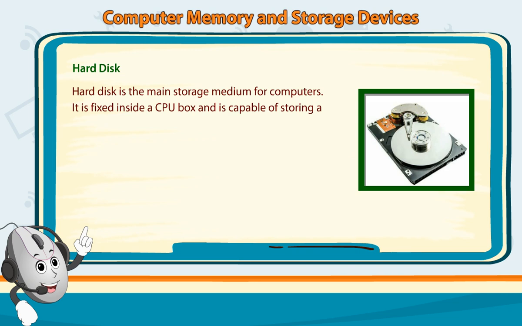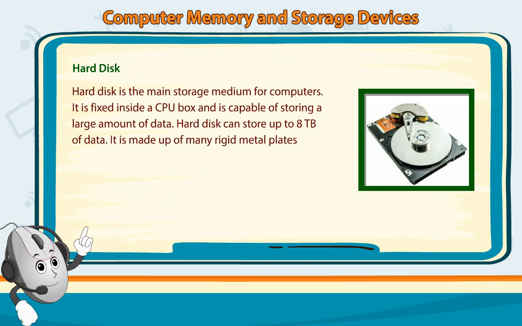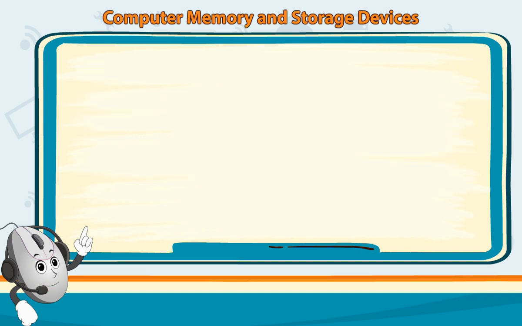It is fixed inside a CPU box and is capable of storing a large amount of data. A hard disk can store up to 8 TB of data. It is made up of many rigid metal plates coated to store data magnetically. A hard disk rotates while it is being recorded.